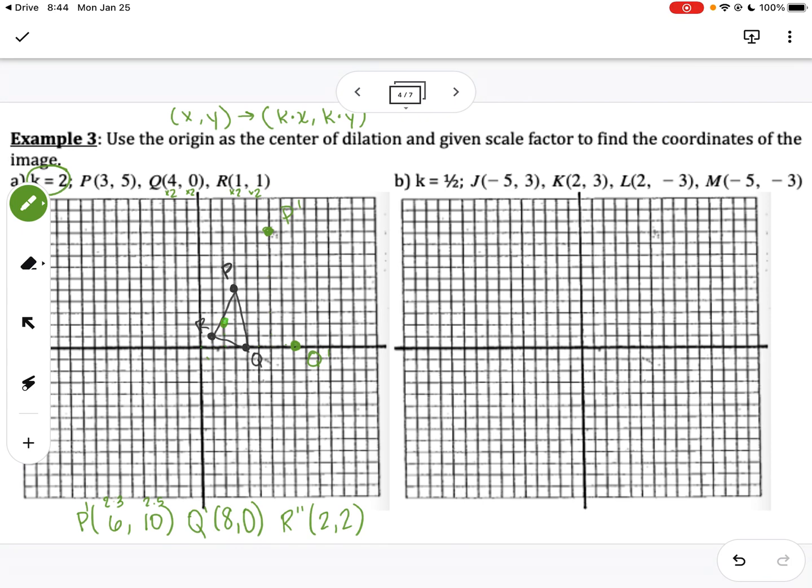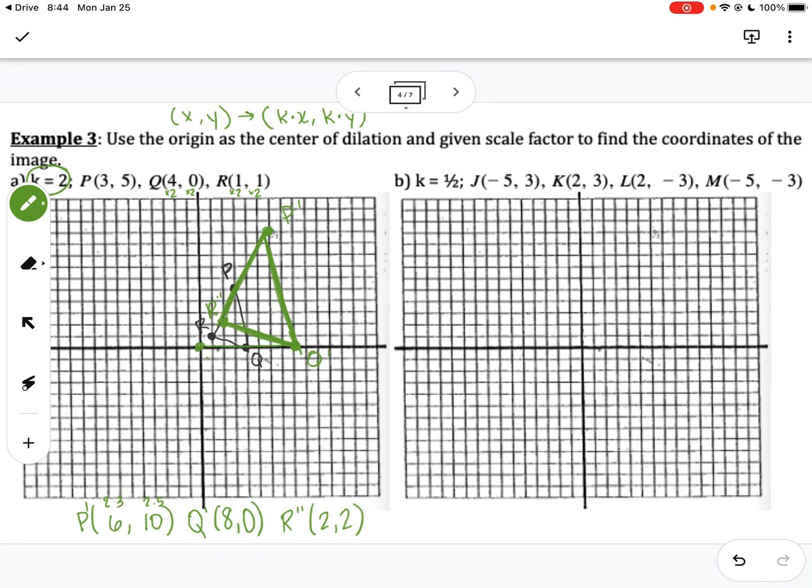So one thing to notice is that when you do a dilation, it does move around the coordinate plane a little bit. So it's all depending on what the relationship is between those points and the center of dilation. So it will move a little bit sometimes.